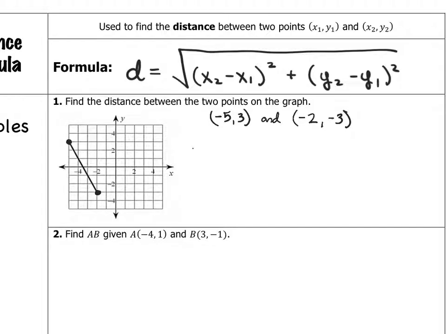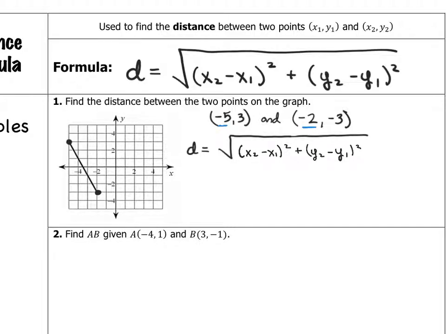So the distance formula, which I do want you to practice rewriting each time so you can start learning and memorizing it, is distance equals the square root of x sub 2 minus x sub 1 squared plus y sub 2 minus y sub 1 squared. Again, your x coordinates are -5 and -2.